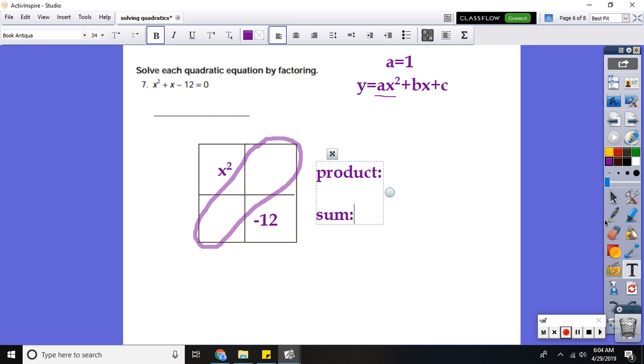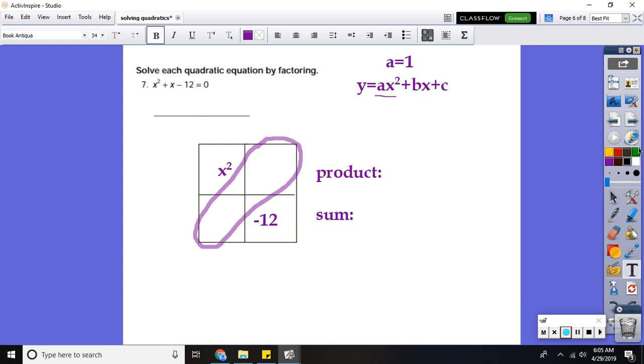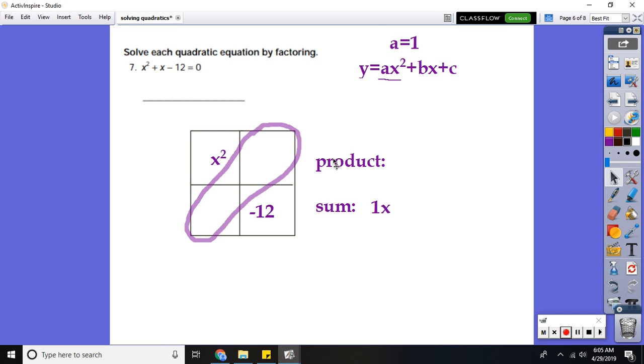So what I mean by that is if I add these two boxes, I should get a sum that's equal to the middle term of my trinomial. And just as we said before, it's x, but we know that really it's 1x because there's a 1 understood to be there.